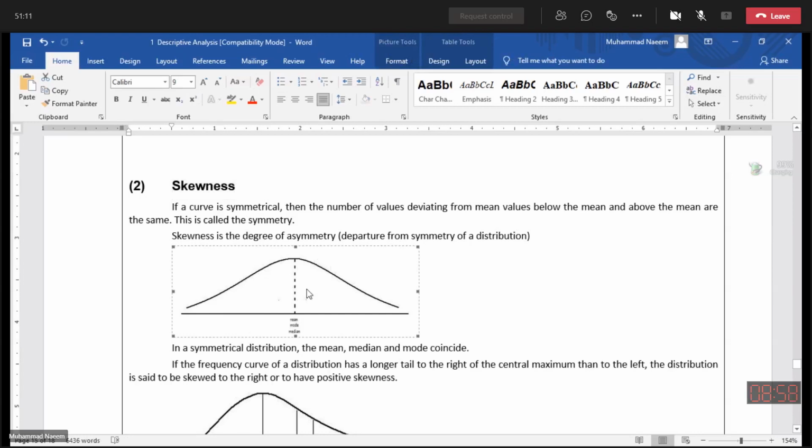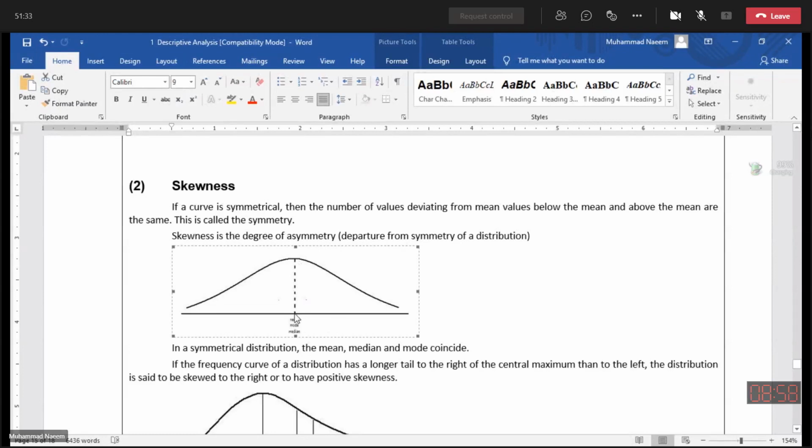What we have in this symmetry, a very big advantage we have in this case. We have mean, mode, and median at the same point in the center against the highest point on the x-axis.